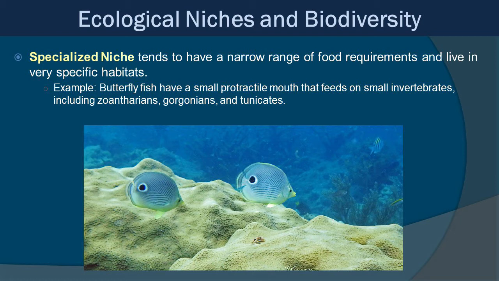Gorgonians are a type of soft coral, zoanthids are a type of soft coral, and tunicates are very small as well. So they're very targeted to those specific items, and thus they don't have a wide variety of food options, which means if something changes, if their food source goes away, they oftentimes don't survive because there's not another option for them to just go to.